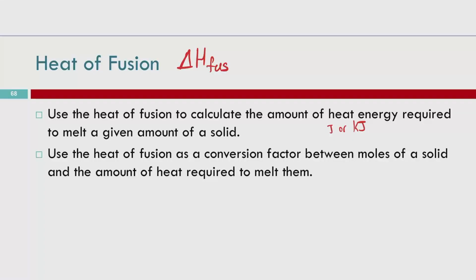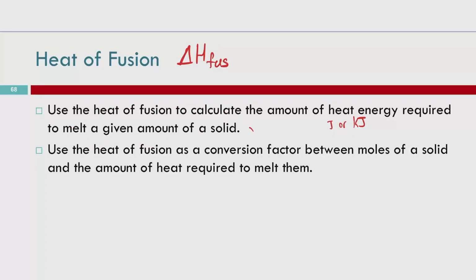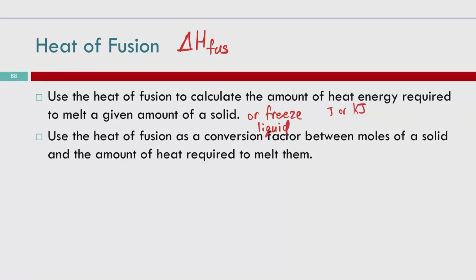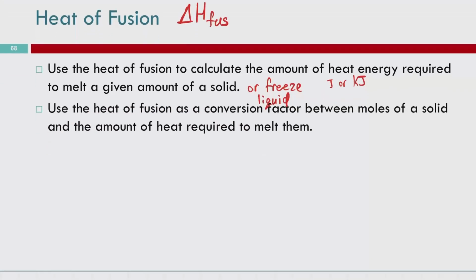But we can calculate an amount of heat required to melt a given amount of solid or freeze a given amount of liquid, because it works both ways, they're just opposites. So we're going to use this heat of fusion, our delta H, as a conversion factor between moles of solid and the amount of heat required to melt them. And let's see what that looks like.